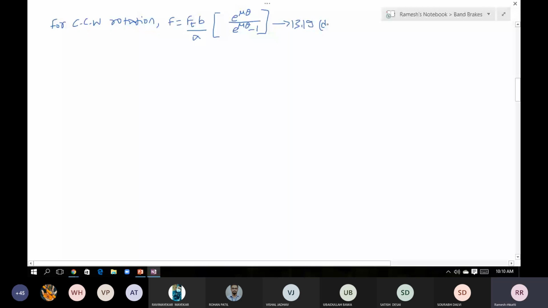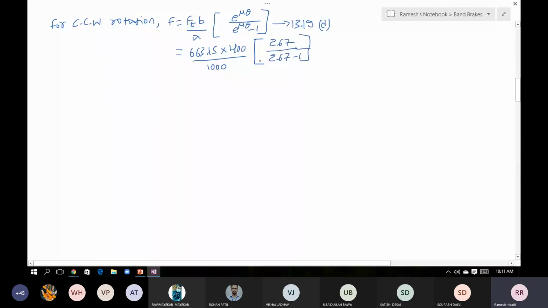In this, you have already calculated the tangential force, so substitute all the values. Tangential force we obtained as 663.15. B is given, it is 400, divided by A, which is given, it is 1000. E raised to mu theta is also given, it is 2.67, minus 1.